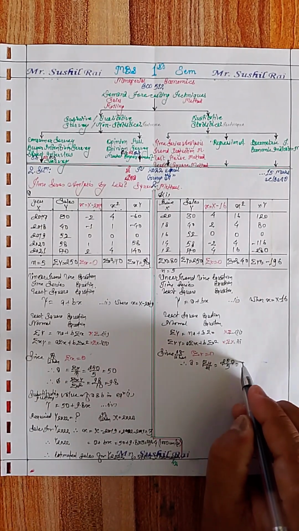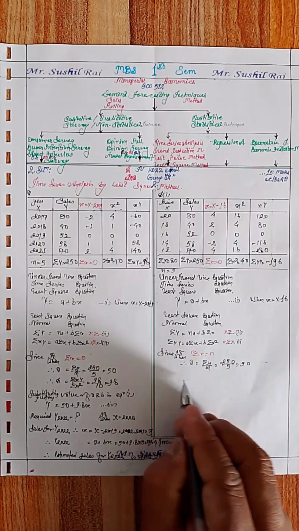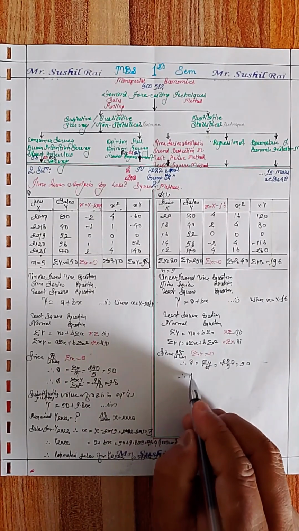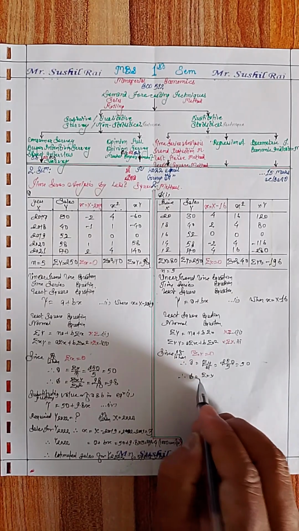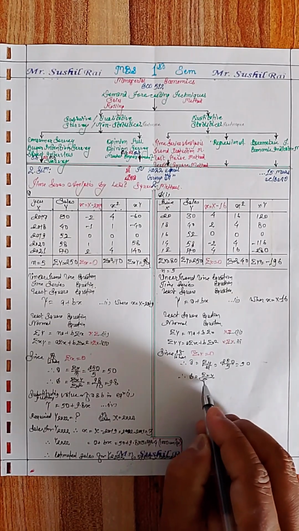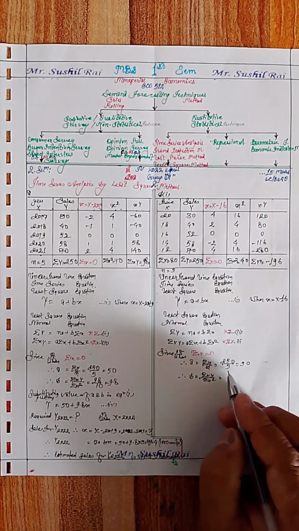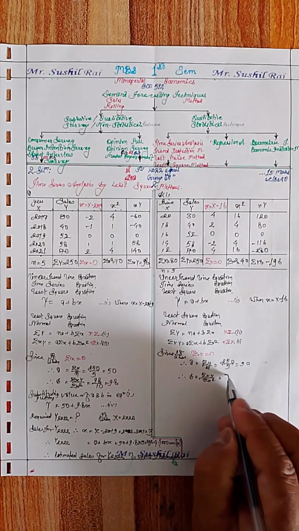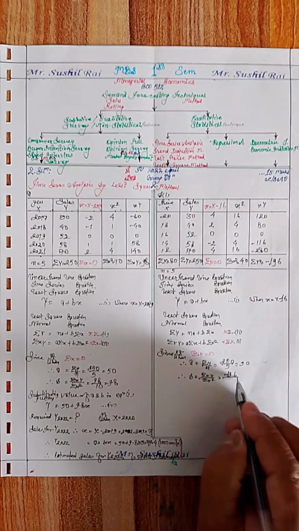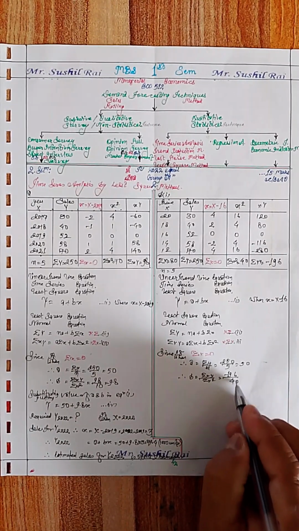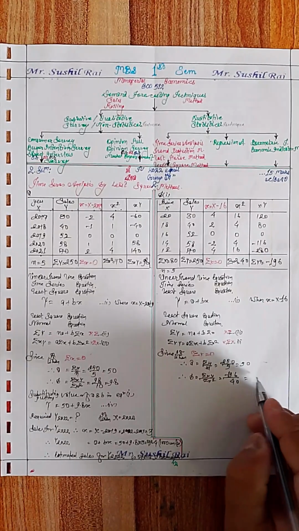Therefore b is equal to summation xy by summation x square is equal to minus 196 by 40 is equal to minus 4.9.